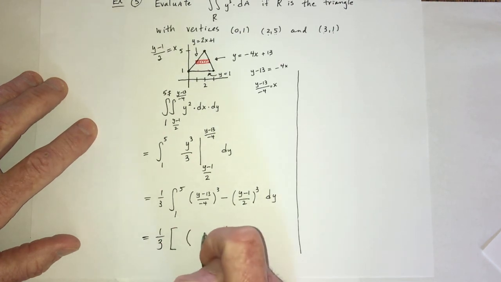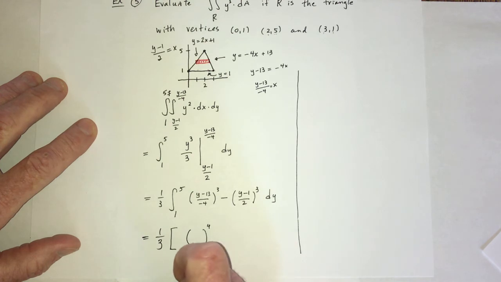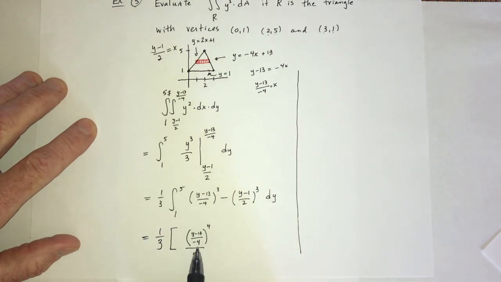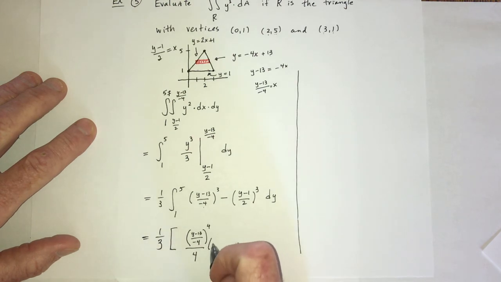And then there would be this thing to the 4th over 4. So y minus 13 divided by a negative 4. And then the chain rule. So when you take the derivative of the inside, that part would be 0, but that would be 1. So that means it would give you a 1 over negative 4. So then you have to divide by 1 over negative 4, or in other words, multiply by negative 4.